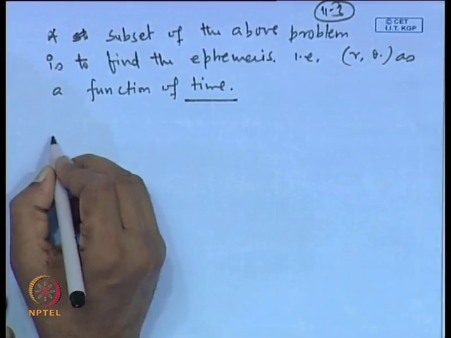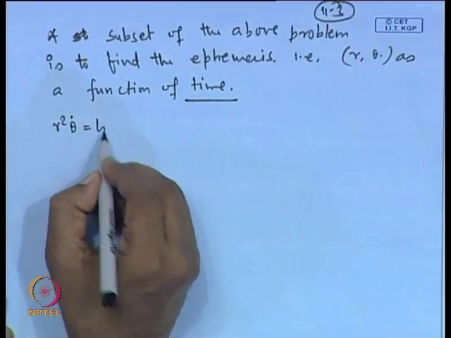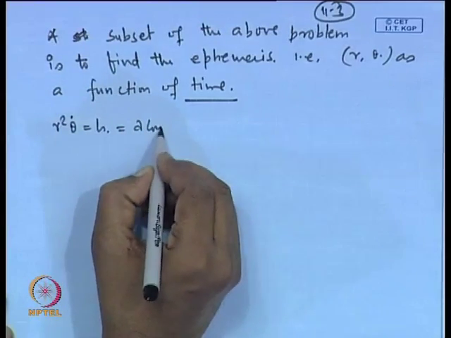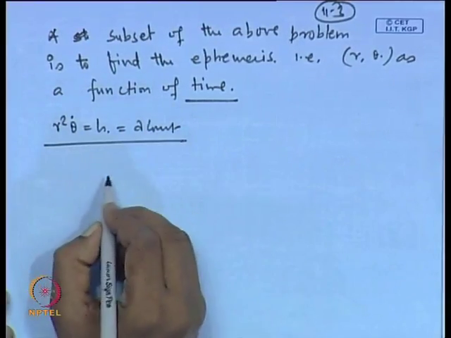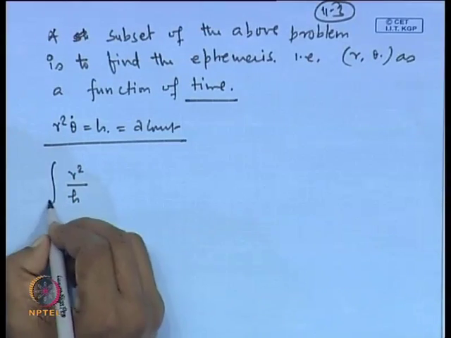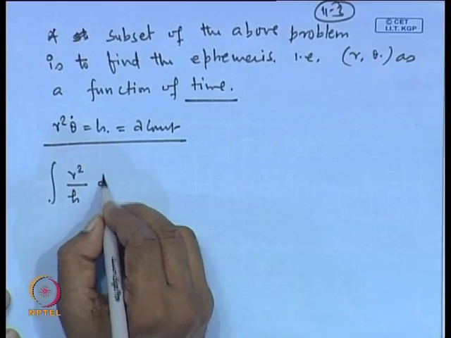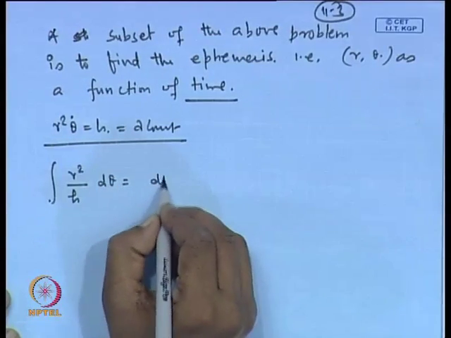Now, given the equation, we know that r square theta dot is equal to h, a constant. Therefore, from here we can write r square by h d theta is equal to dt.